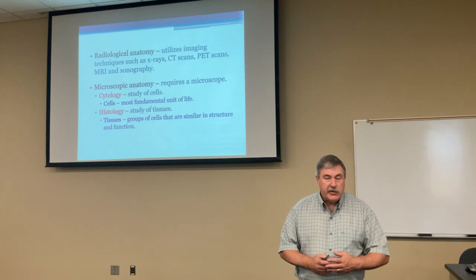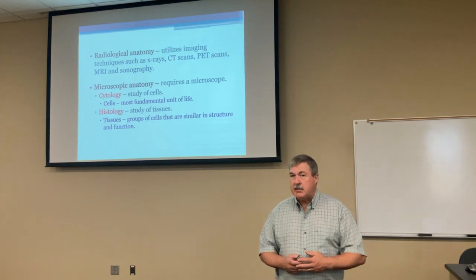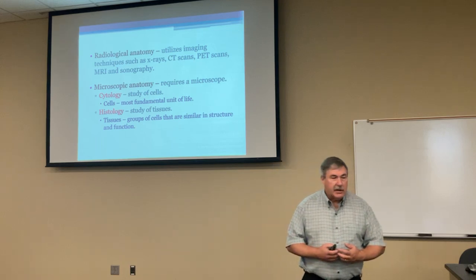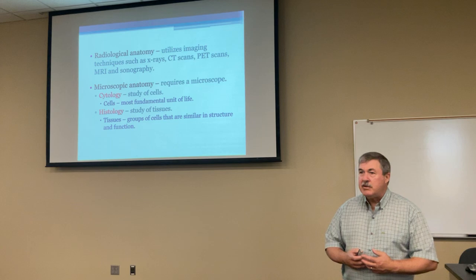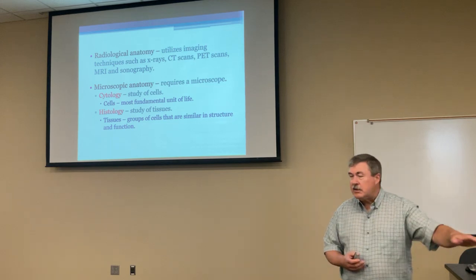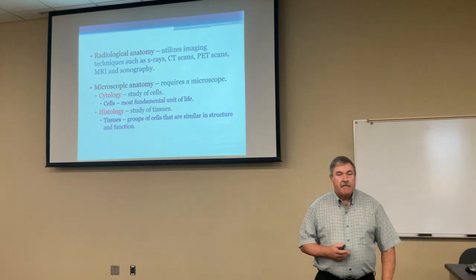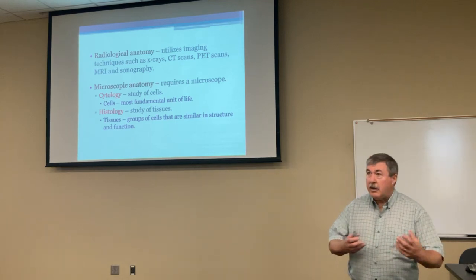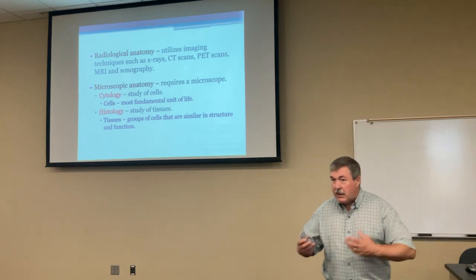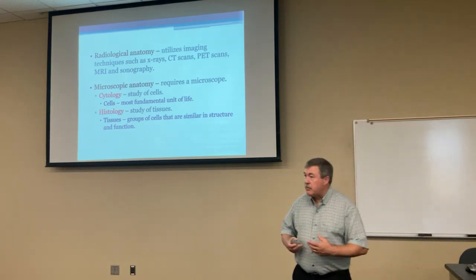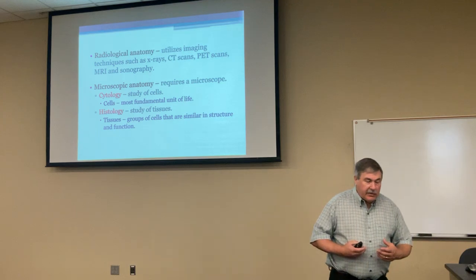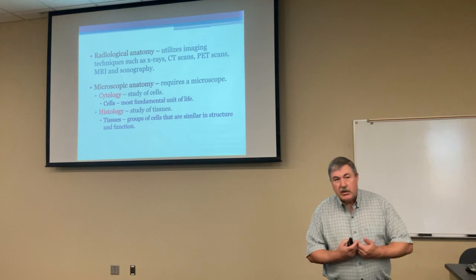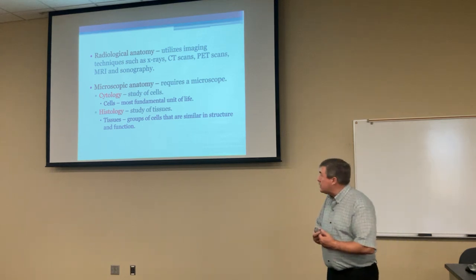And there are 4 major tissue types that are classified by biologists. There are tissues that form sheets of cells, called epithelia. There are connective tissues that help to support and protect and connect different parts of the body together. There's muscle tissue, which can contract, which allows for movement of various body parts.